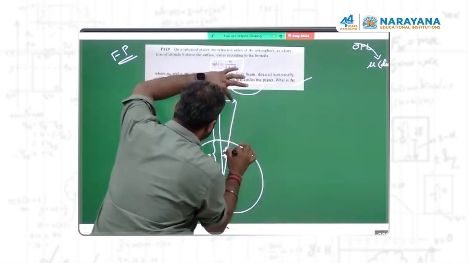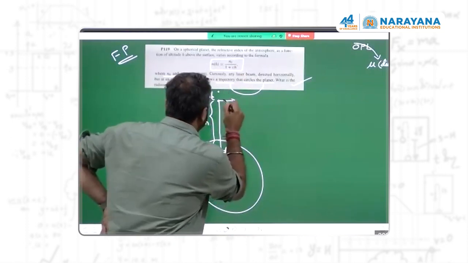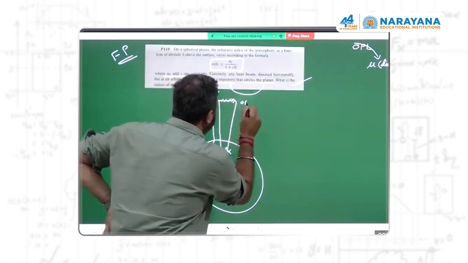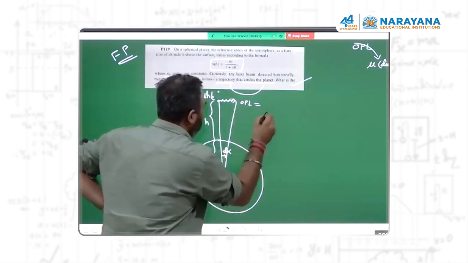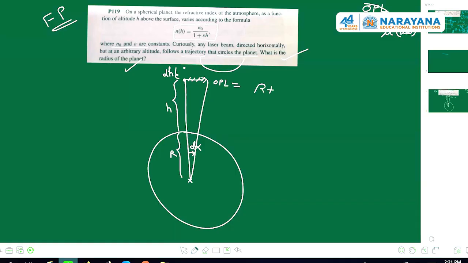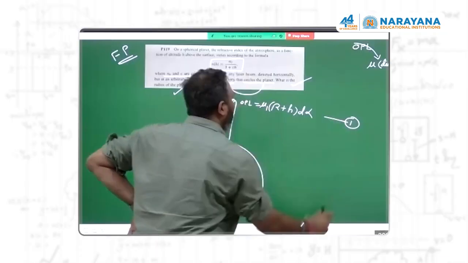So over that d alpha orientation, he has traveled an optical path length equal to r d alpha, like r plus h into d alpha, and into the mu term here. I'll call this point 1 and this point 2. So basically mu1 into r plus h into d alpha.